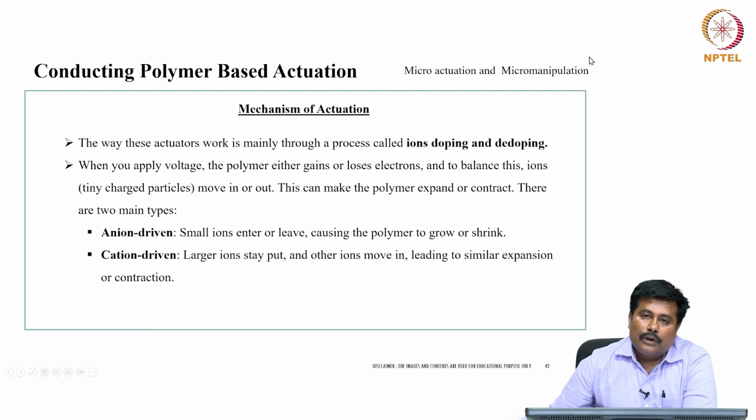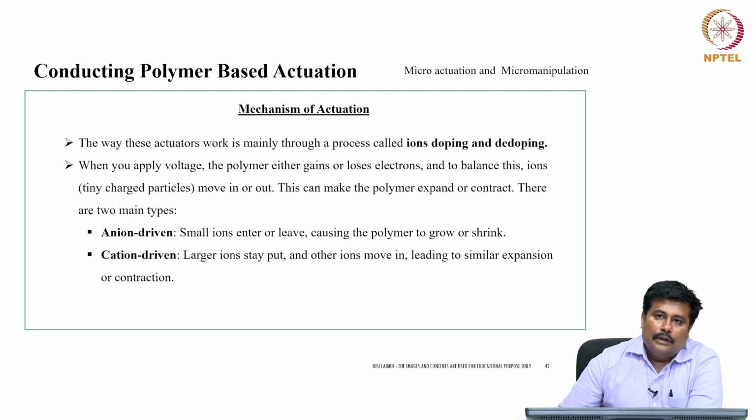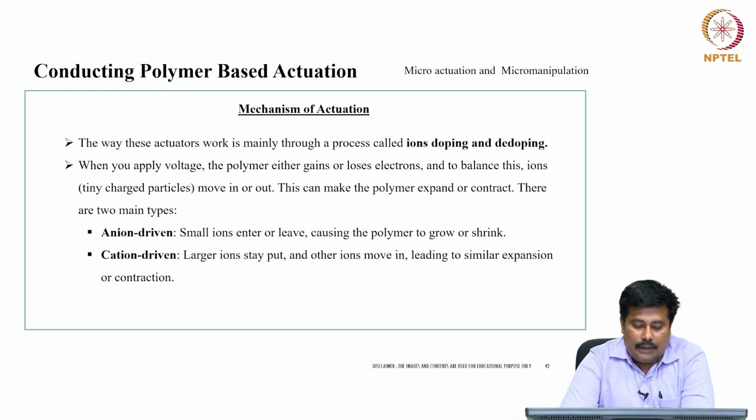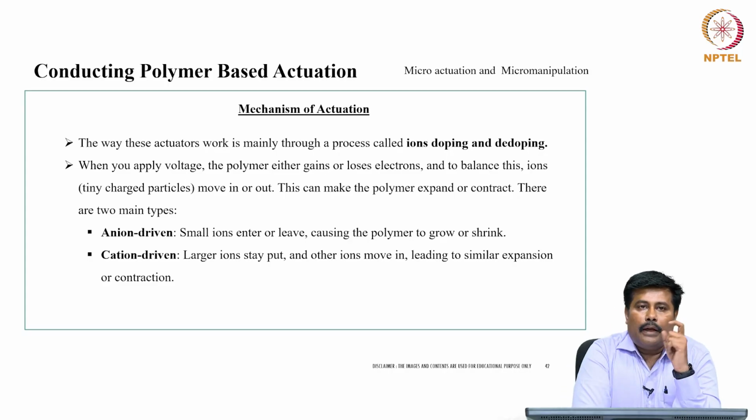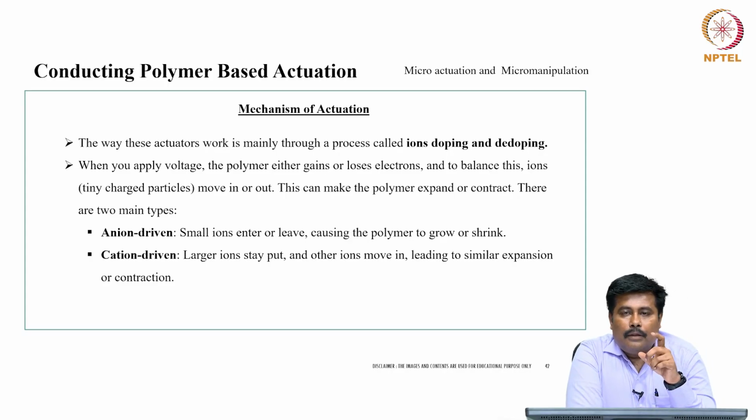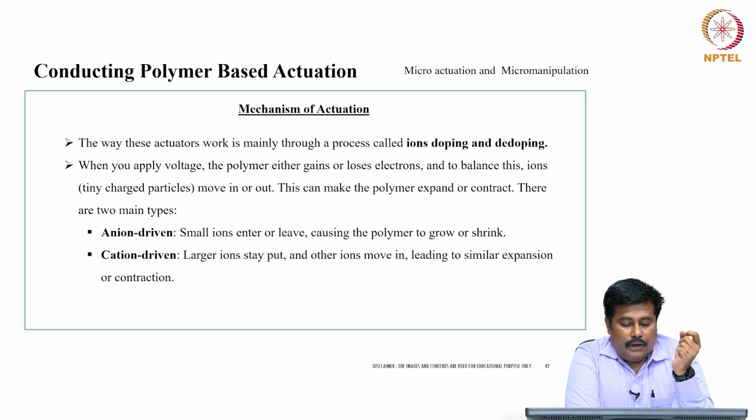Now, looking into the overall mechanism of these actuations, the actuators work mainly through a process called ion doping and dedoping. When you apply a voltage, the polymer either gains or loses electrons, as discussed before, to balance this. These tiny charged particles, the ions, move in and out.